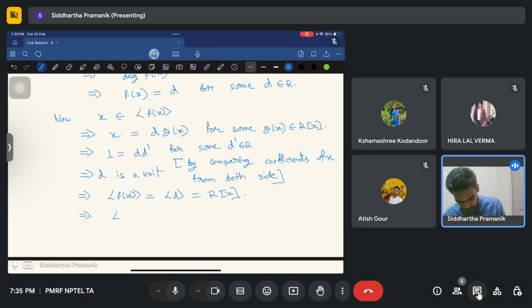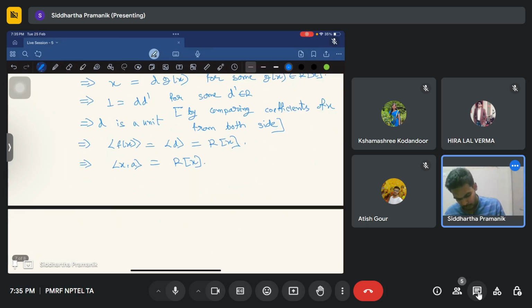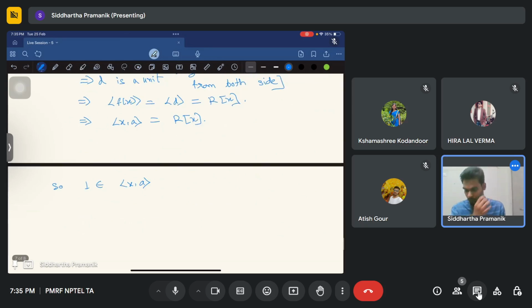So the ideal generated by x comma a is the whole ring R[x]. So 1 must belong to this ideal generated by x comma a. So from this we can write 1 equals x times some p(x) plus a times some q(x).